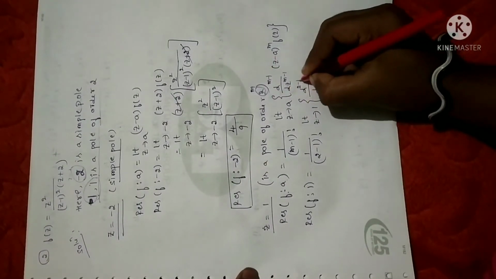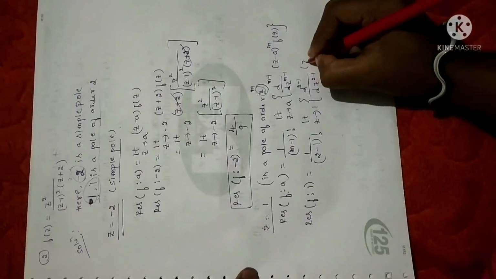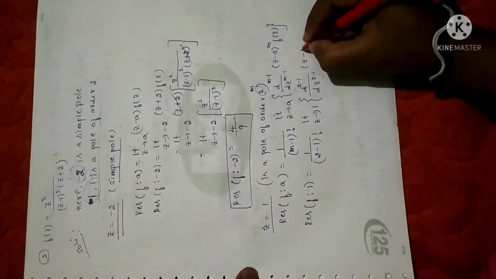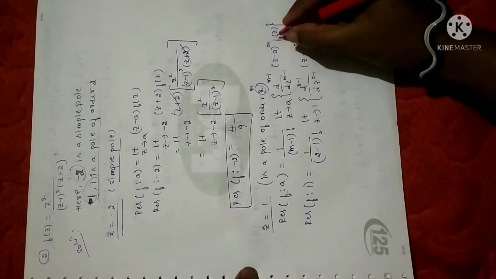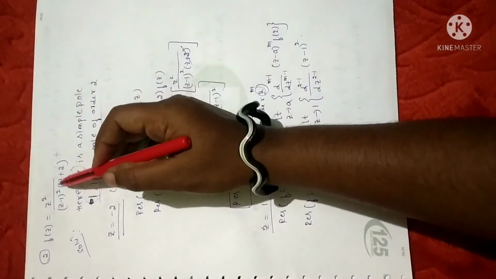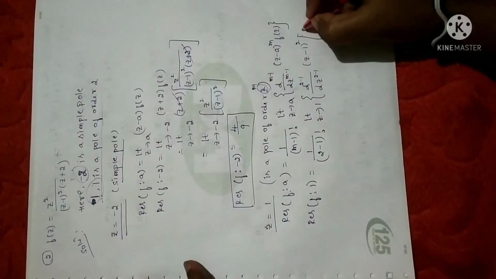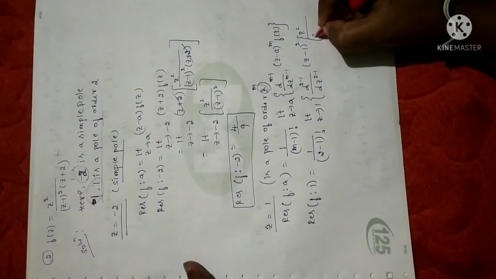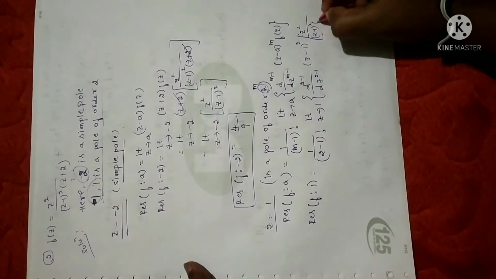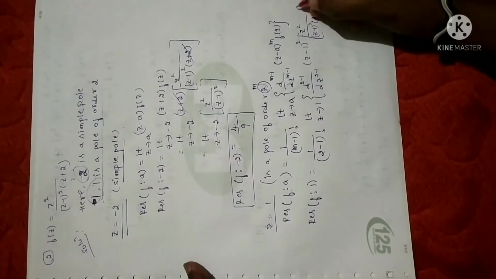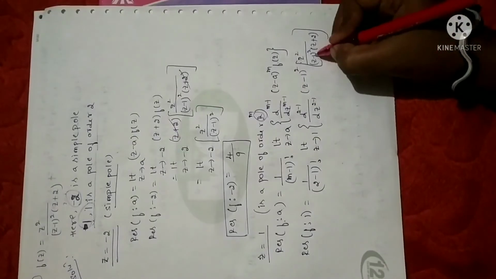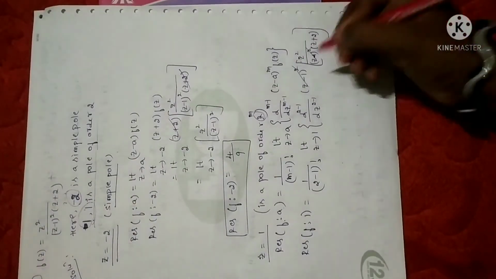Here (z minus a), the value is (z minus 1) power 2, into f of z. f of z I am going to substitute here only. So f of z is z square divided by (z minus 1) whole square into (z plus 2). Clear? Here (z minus 1) whole square and (z minus 1) whole square get cancelled.